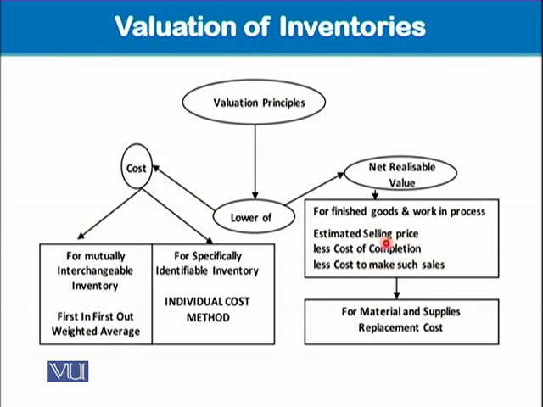All are estimated. And for the material and supplies class of inventories, the net realizable value is replacement cost. We will work out its scenarios, and then we will see what this replacement cost is.